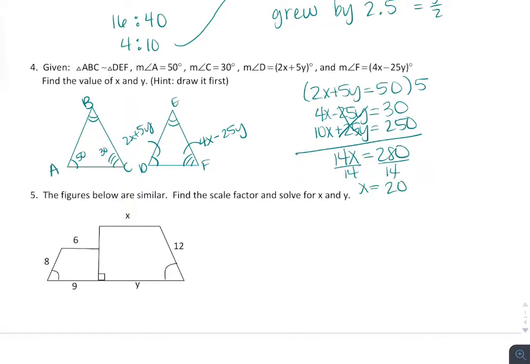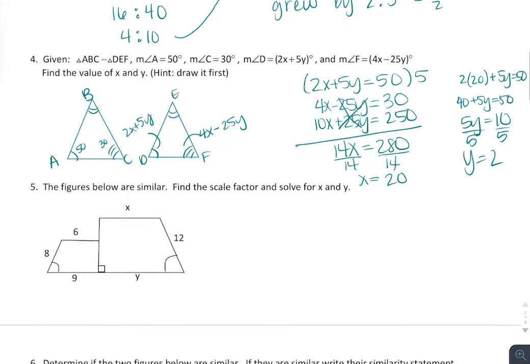From there, I plugged that in, so I did 2 times 20 plus 5y equals 50. So 40 plus 5y equals 50. So subtract 40, 5y equals 10. Divide by 5, and y equals 2. So our final answer, x is 20 and y is 2.